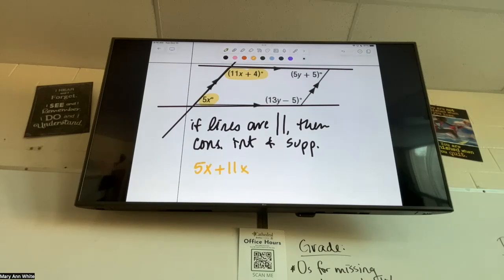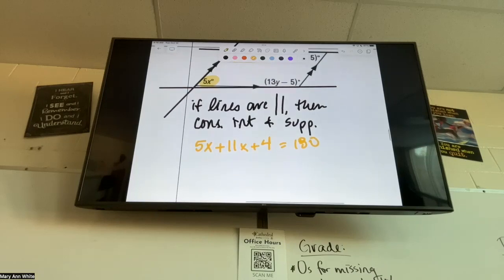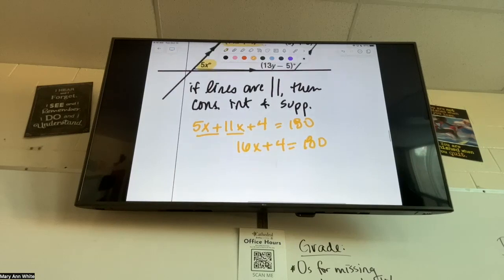So 5x plus 11x plus 4 equals 180. Add my x's together, I get 16x plus 4 equals 180. We're going to minus 4 on both sides. And we're going to divide by 16. I believe that's 11. Perfect.